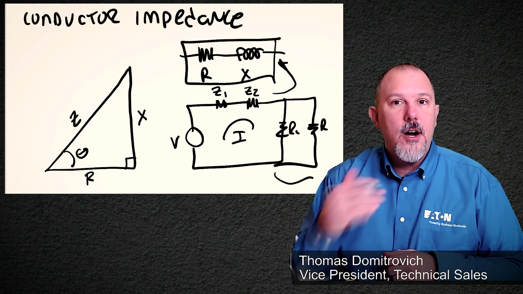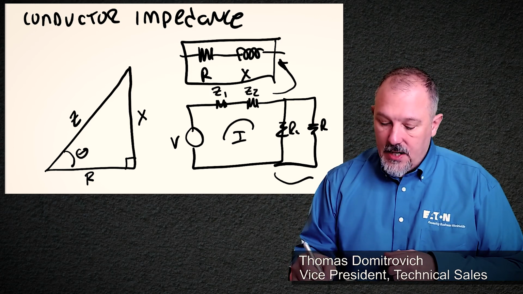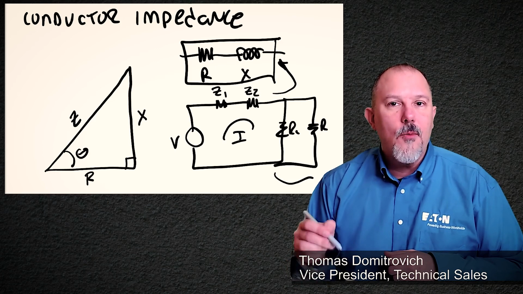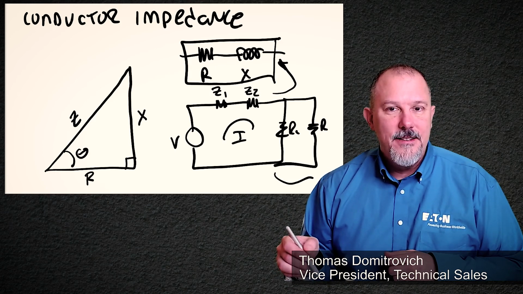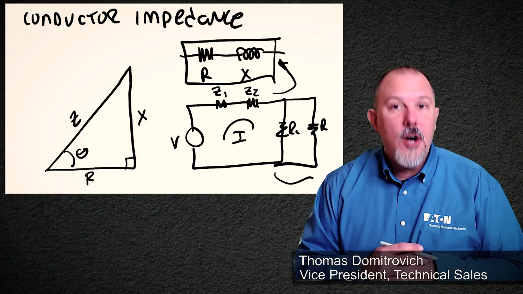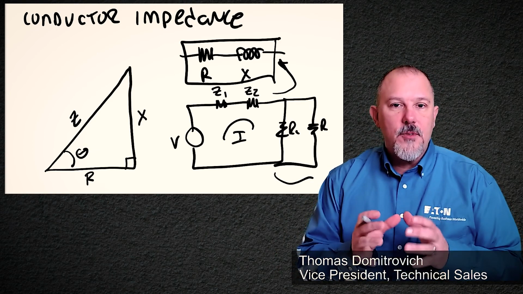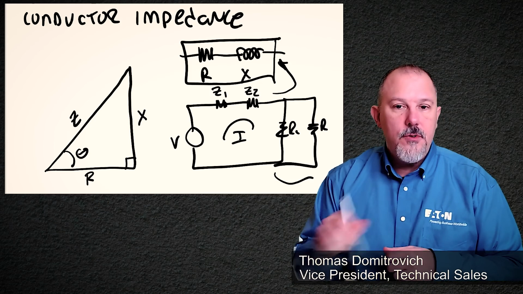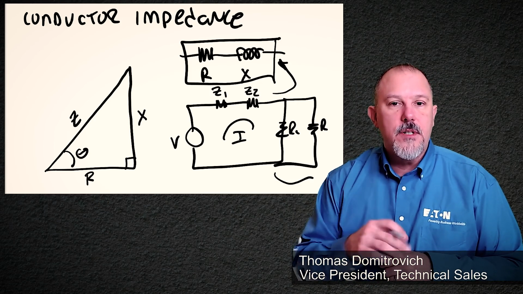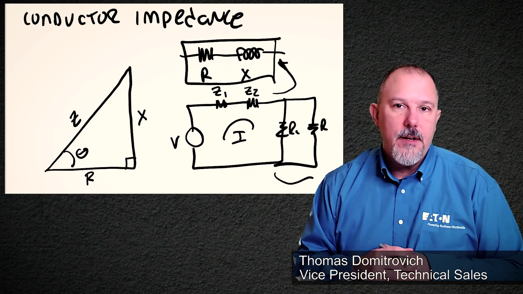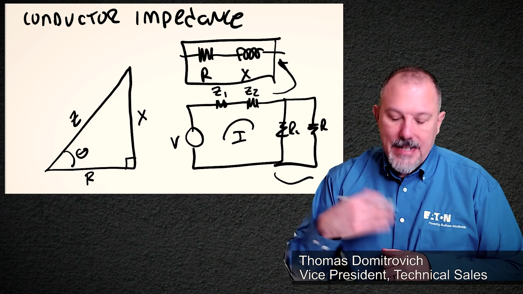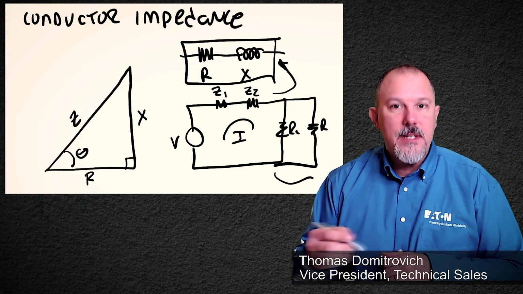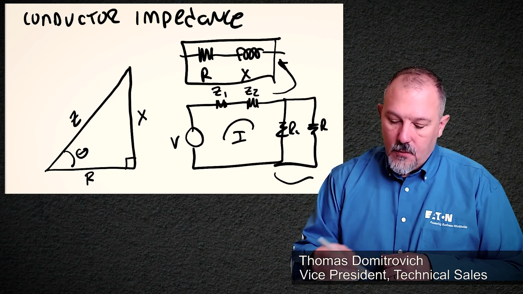But now, complicate that even more by saying R1 is not just R1, R1 is R plus jX. It's more complicated. Complex variables helps me do this combination of series and parallel reactances. So I can take any conductor and represent it in this format.